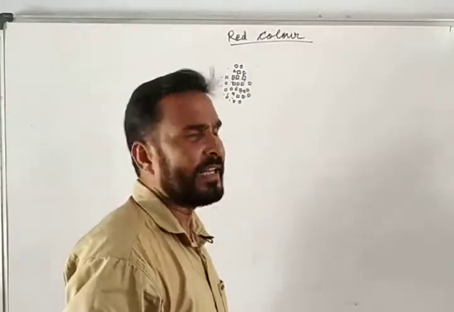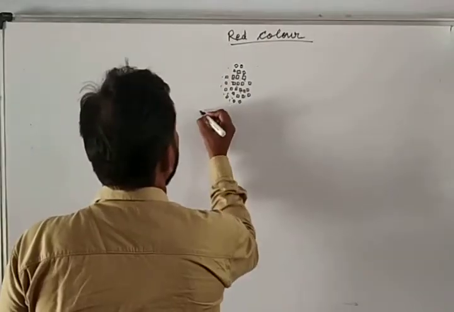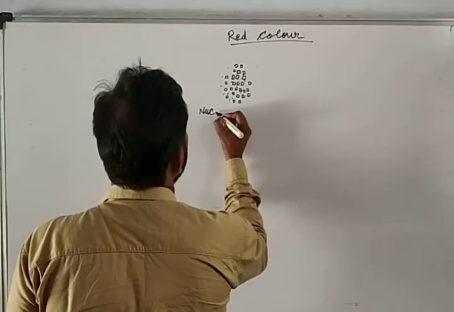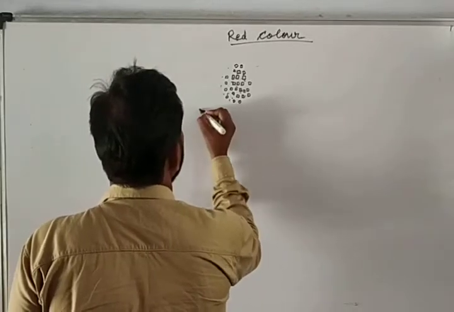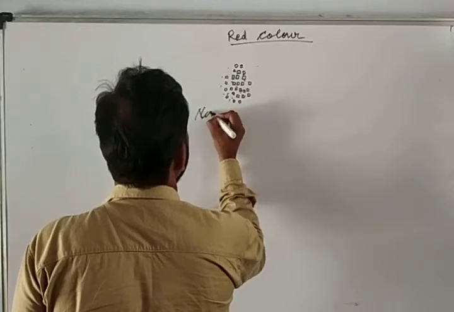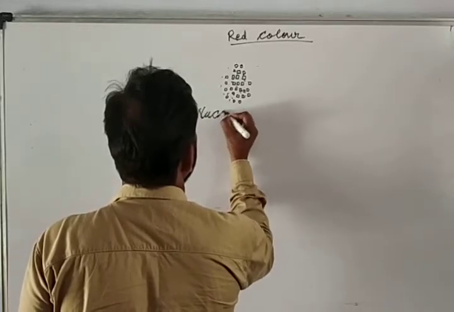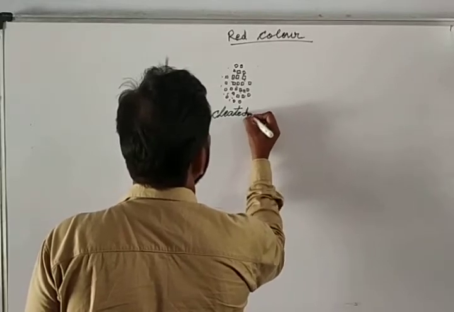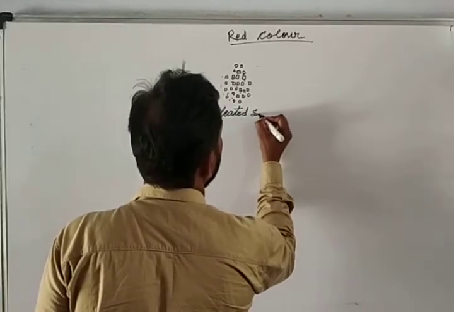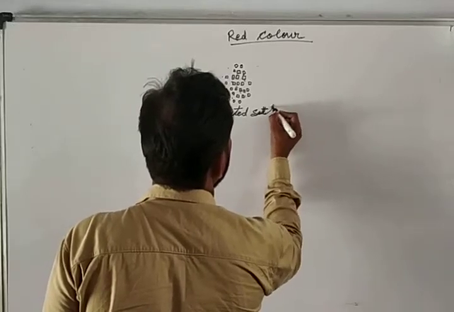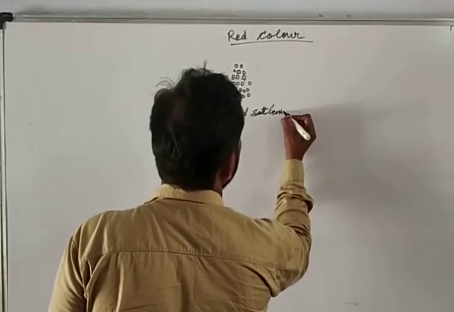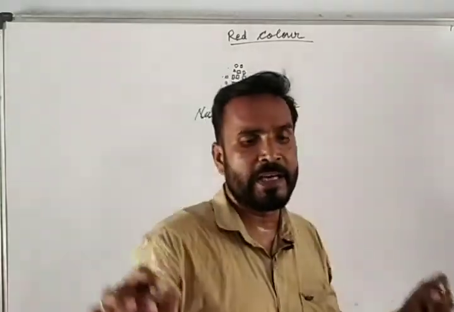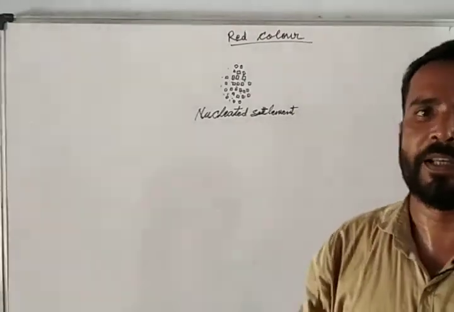If these are given, then such type of settlement is known as nucleated settlement, if all the houses are concentrated at one place.